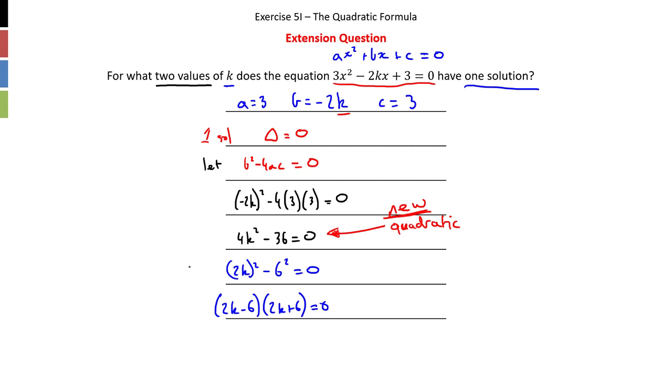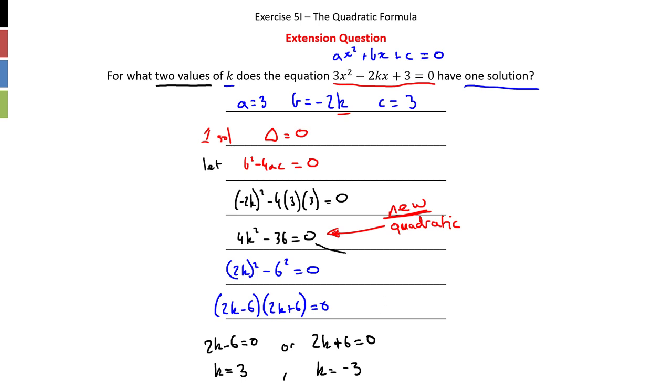So we can then use the null factor law and say that 2k minus 6 is equal to 0, or 2k plus 6 is equal to 0. So we get k is equal to, take the 6 over and then divide by 2, that's going to be 3, or k is equal to negative 3. Okay. We could do that.